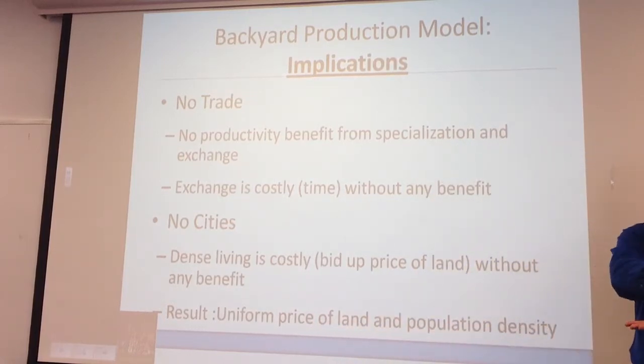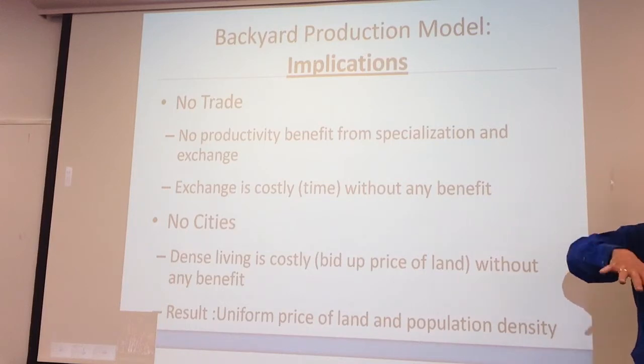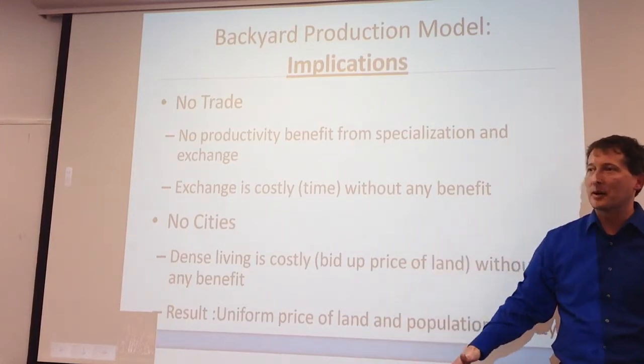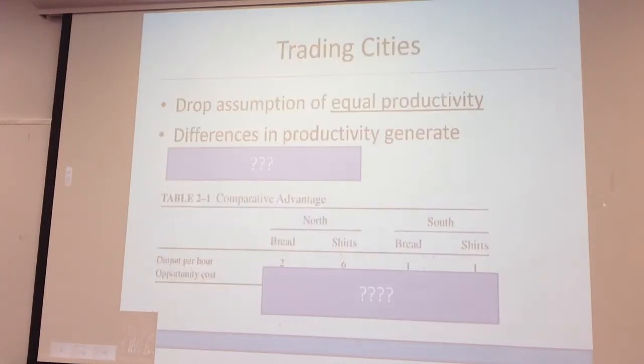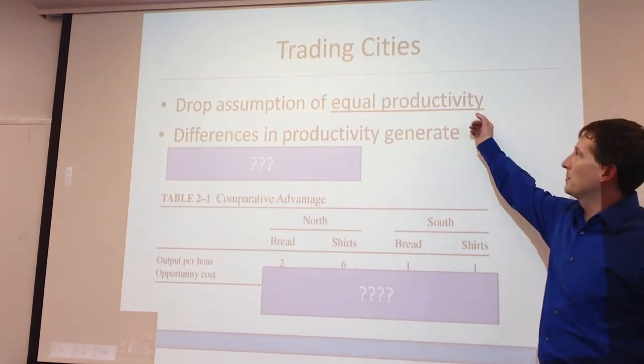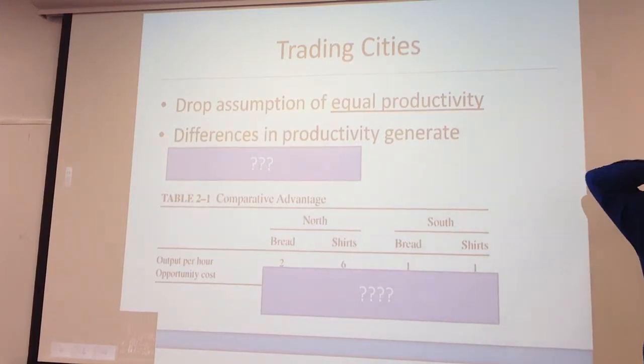So we just have everything stay the same, with all those axioms in place, and everything would be homogeneous everywhere. Life would be really boring. So basically, we just created a model of how cities won't happen. Because cities do happen, now we're going to come back and say how they do happen. So let's drop the assumption of equal productivity.